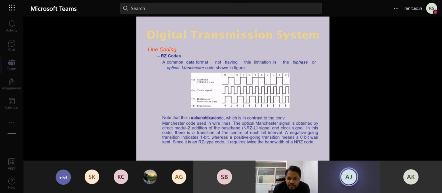The bandwidth is higher because the pulse widths used are half of what you have for the NRZ. When the pulse width is half, the bandwidth also needs to be twice.